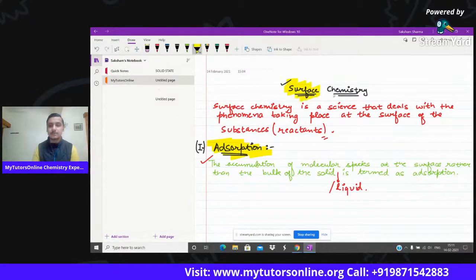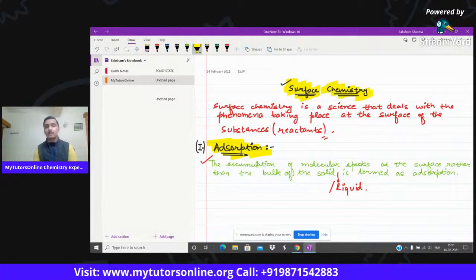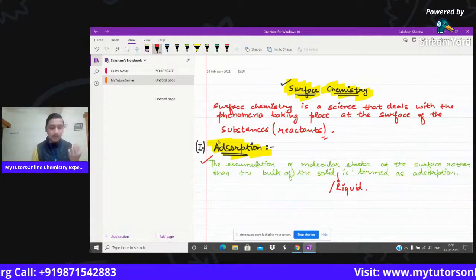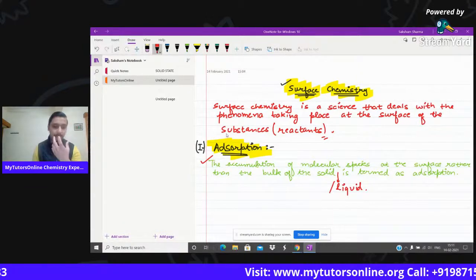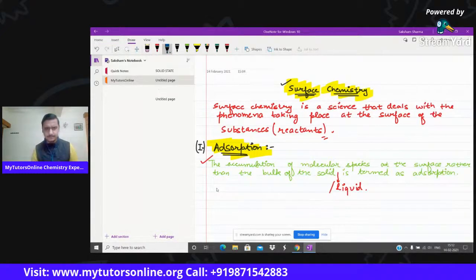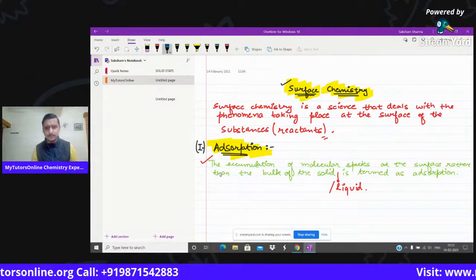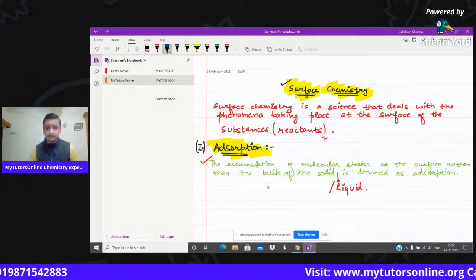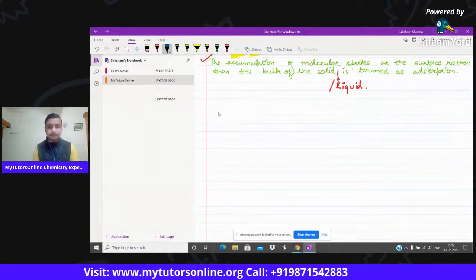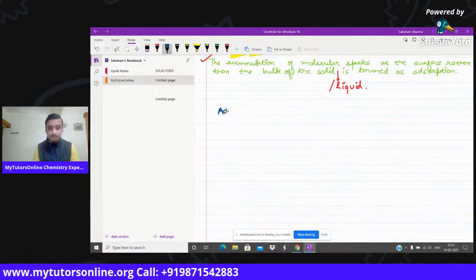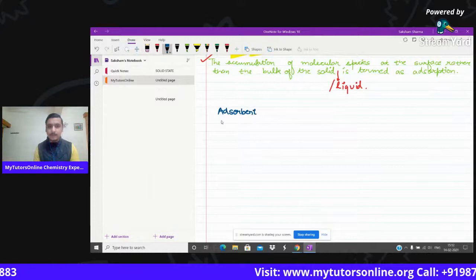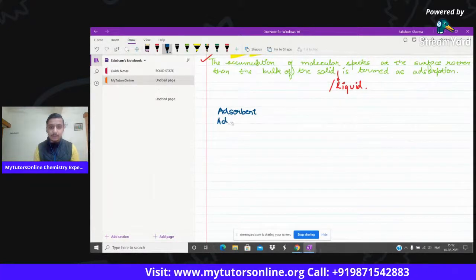First we talked about surface chemistry, and now we are talking about adsorption. For understanding adsorption, there are two important terms which you have to understand. The first term is adsorbent, and the second important term is adsorbate.